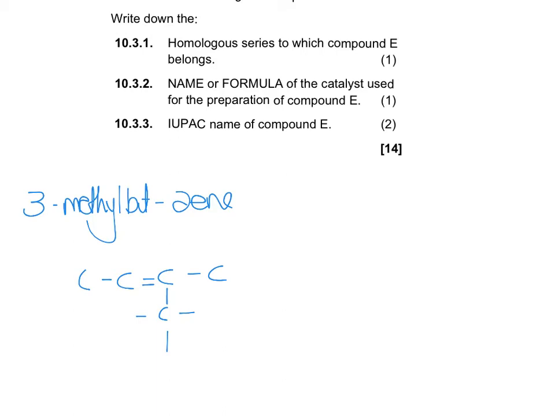Positional isomer means I've got to move something else. I have to move the double bond. So this is what we can do. I can put it on the first one and leave my methyl group on the second one.